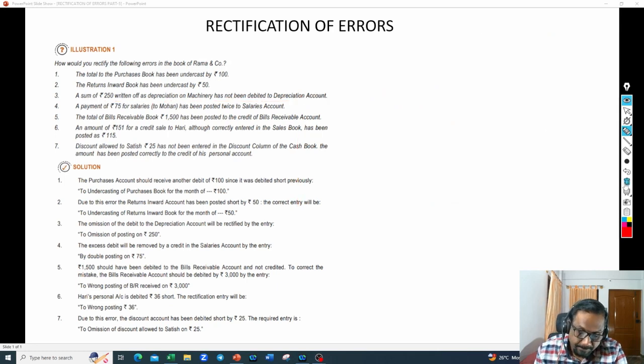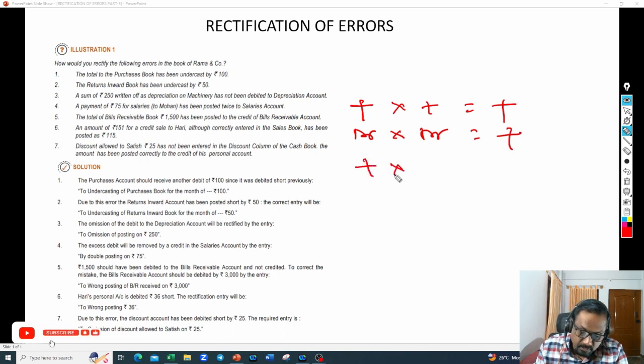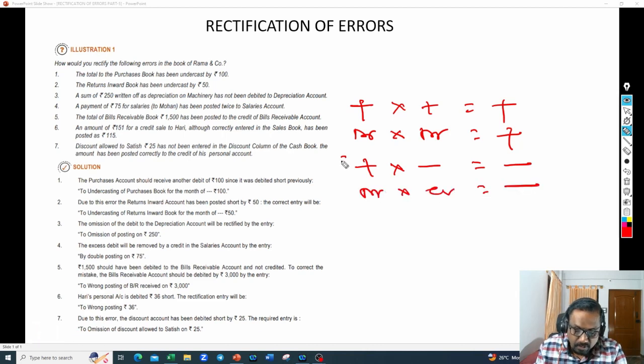Again I am repeating. Plus into plus equal to plus. One debit into debit equal to plus. Value will get added. One plus into one minus equal to minus. One debit into one credit is equal to minus value. I am just trying to compare.